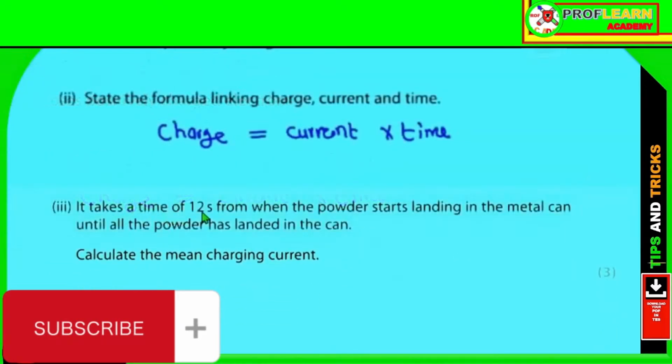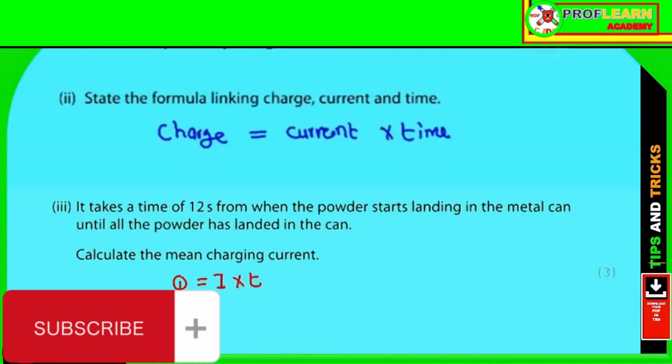It takes a time of 12 seconds from when the powder starts landing in the metal can until all the powder has landed in the can. Calculate the mean charging current. We can write standard symbols for this formula, which is Q equals current I times time.